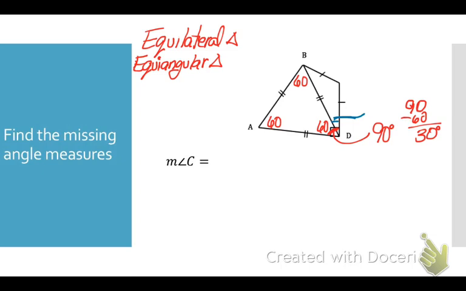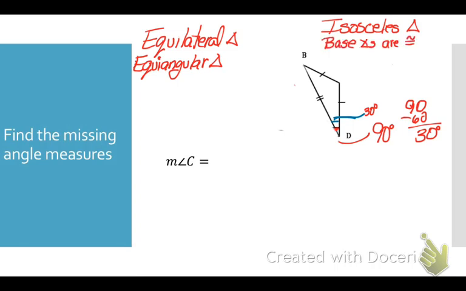Now, let's only write down my small triangle with the 30 degrees. Well, I'm looking at this, and I can see that this small triangle is an isosceles triangle. And I know that in an isosceles triangle, the base angles are congruent. So if angle D is 30 degrees, I know that angle B has to be 30 degrees as well.